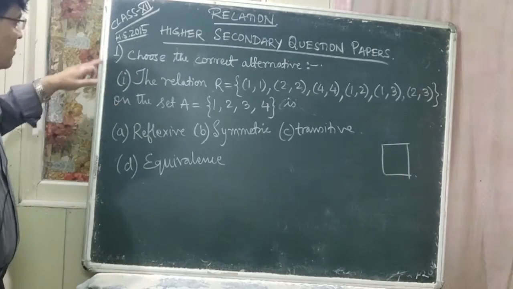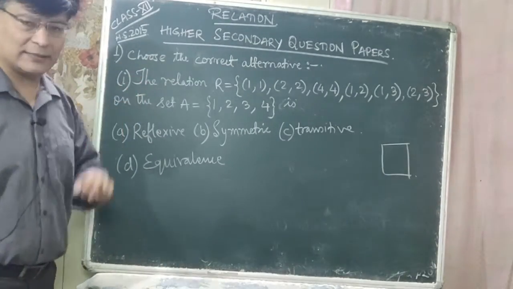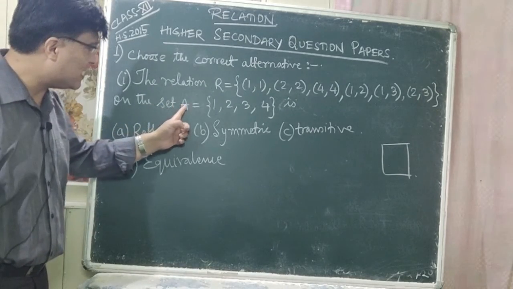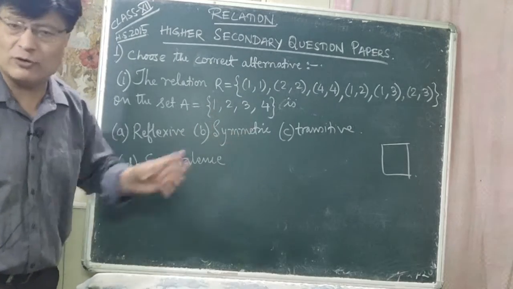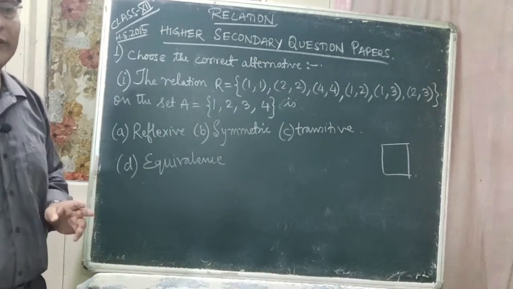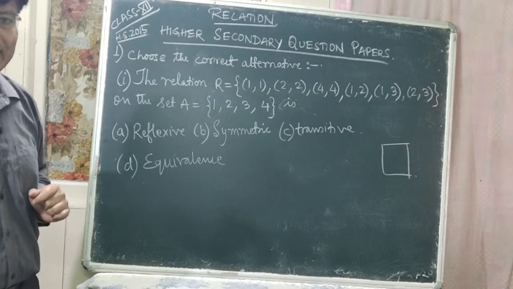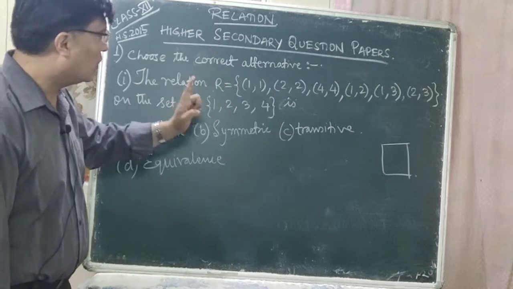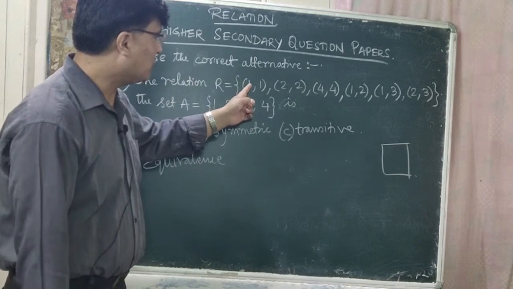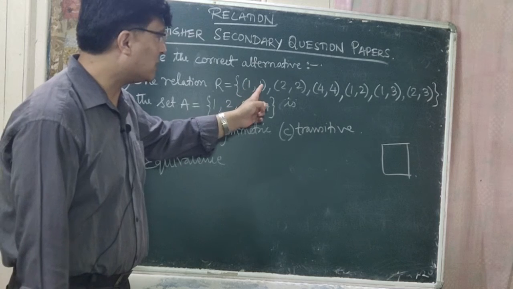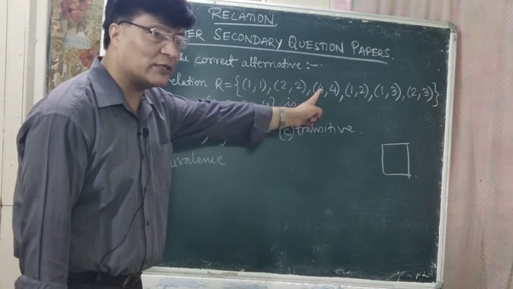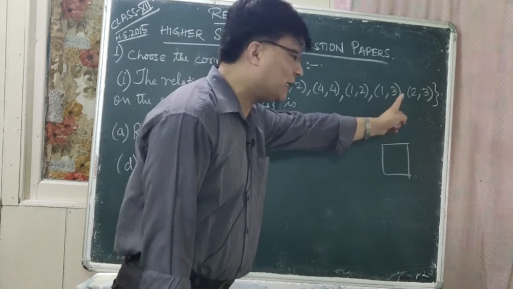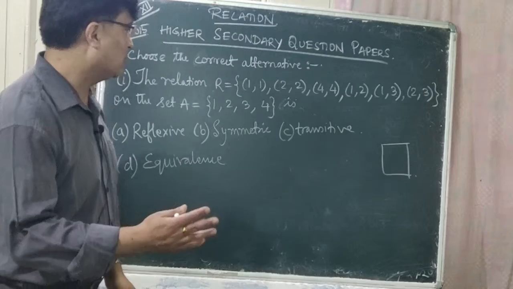Number 1: the relation R is given on a set A. Set A is equal to {1, 2, 3, 4}, and the relation R defined on the set A is {(1,1), (2,2), (4,4), (1,2), (1,3), (2,3)}. 1 is related with 1, 2 with 2, 4 with 4, 1 with 2, 1 with 3 and 2 with 3.